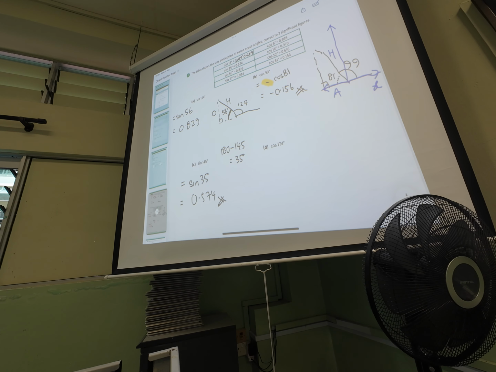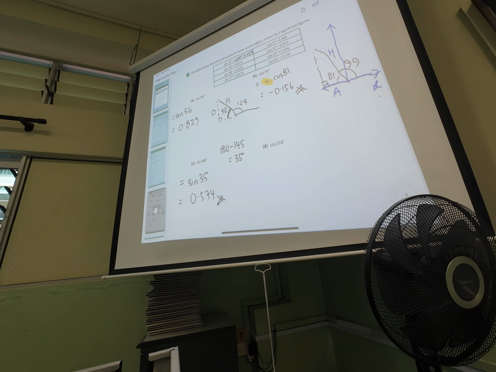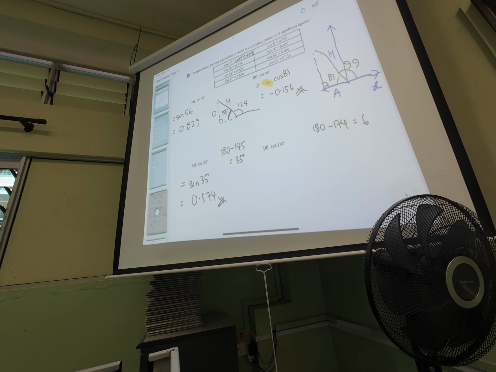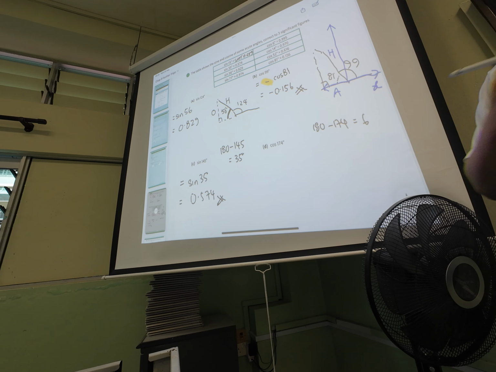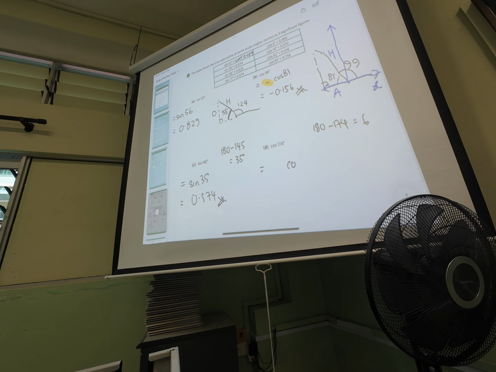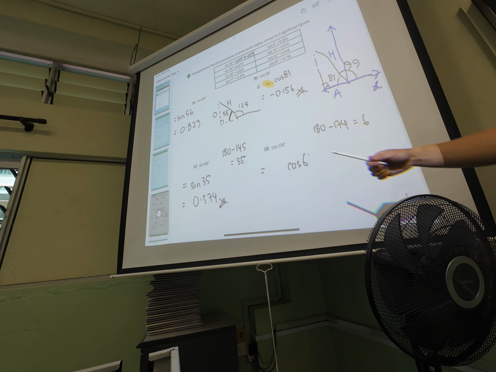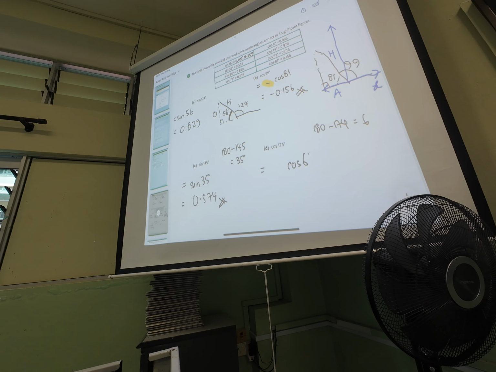So this one is also the same. I find the supplementary angle. Or if you can do mental sums, good. 6. Okay? So cosine of 174 and cosine of 6 are related, but they are not exactly the same.